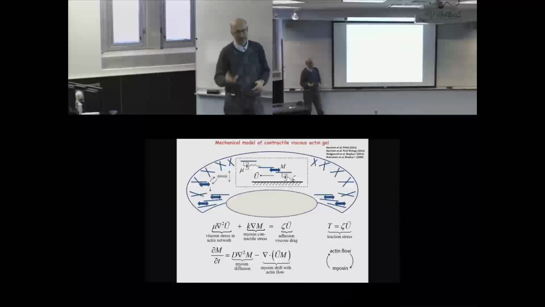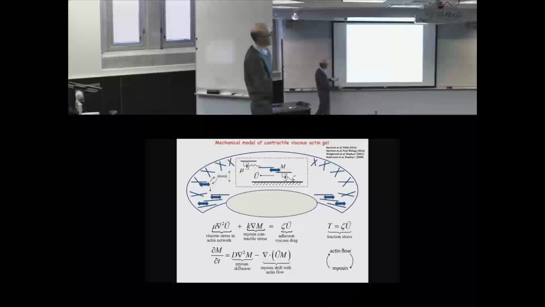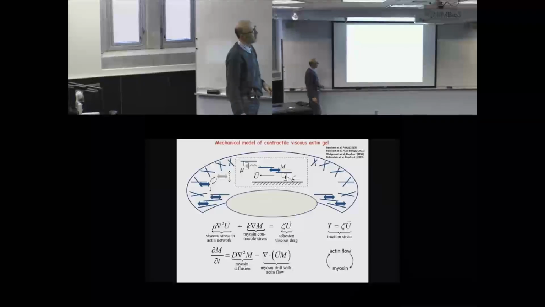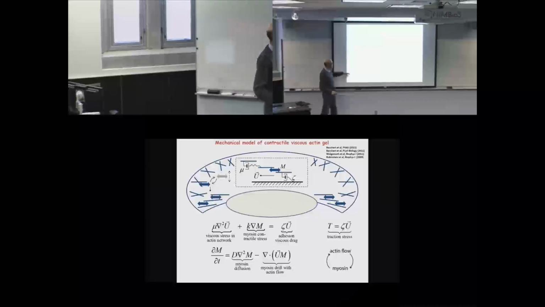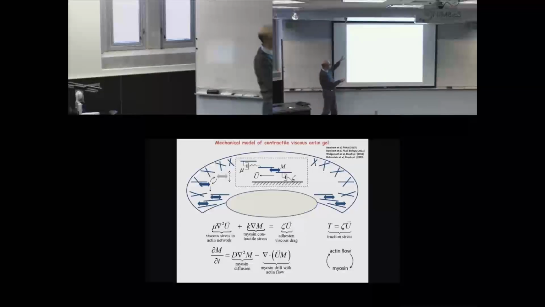So on fast time scales of a second or faster, it is elastic, but on the slow time scale, which is of interest here, it's viscous. Of course, those viscous forces sometimes are described by complicated mathematical expressions, but this is the minimal description of this viscous stress. We have models where it's viscoelastic and much more sophisticated than that.